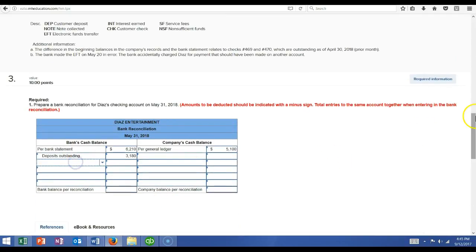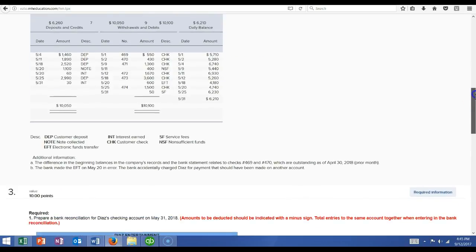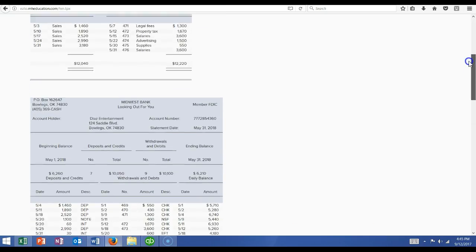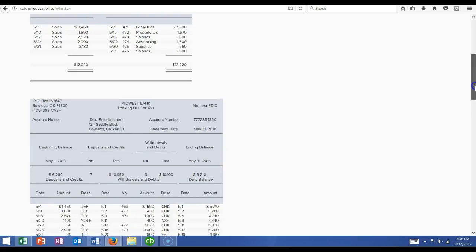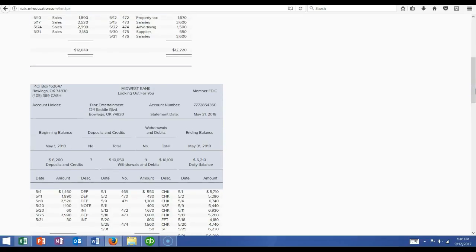Let's now take a look at any potential outstanding checks. So if we look at check 471, legal fees, I believe that's the $1,300 right here. 472, property taxes, $1,670. Salaries, 473, $3,600. Advertising, 474 for $1,500. Supplies, 475, don't see it down here through the bank.